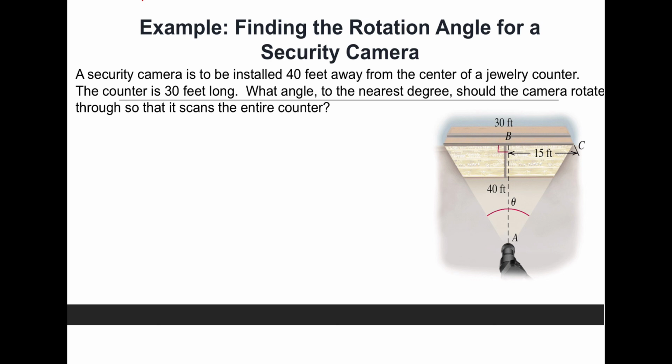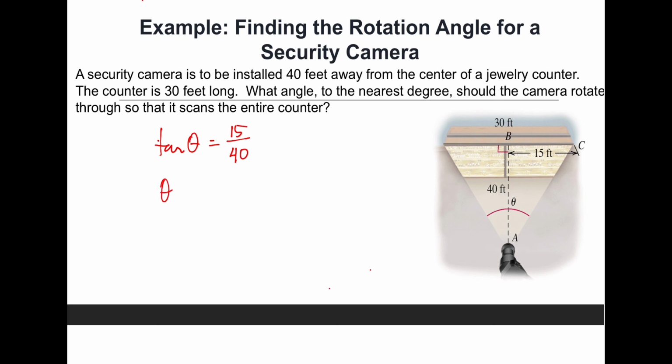So, since I know the opposite and adjacent of theta, that's, again, another tangent thing. And I know that tangent of theta is equal to 15 over 40, opposite over adjacent.